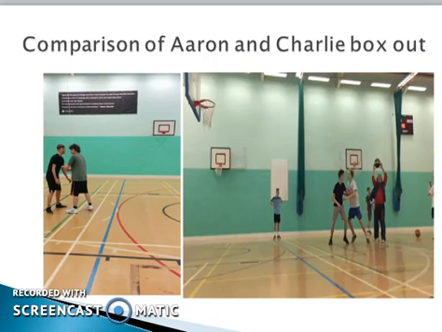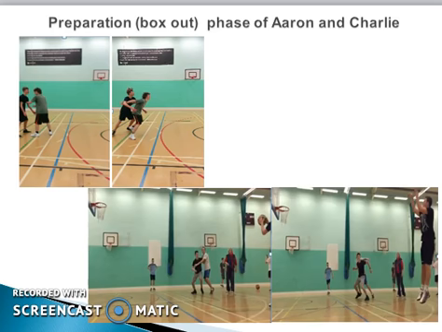So this is my 6.2, which is the technical model, and I'm going to be comparing Aaron and Charlie again for this one. For the preparation phase, you can clearly see that Aaron makes good contact with his partner, Charles, and stays with him, whereas Charlie doesn't make that good contact, and it's easier for George to get round Charlie, whereas for Charles it's a lot harder.